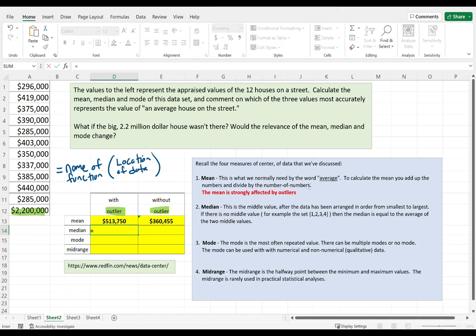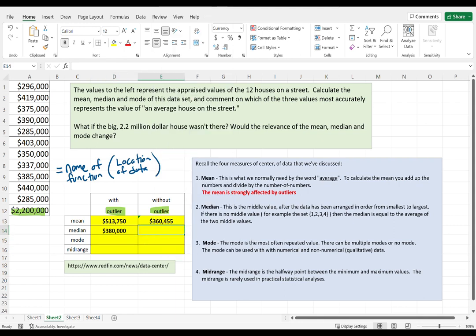So equal median, parentheses, and the location of the data. So with the outlier, that's A1 through A12. So a median price, or the middle of this list of 12, would be 380,000.